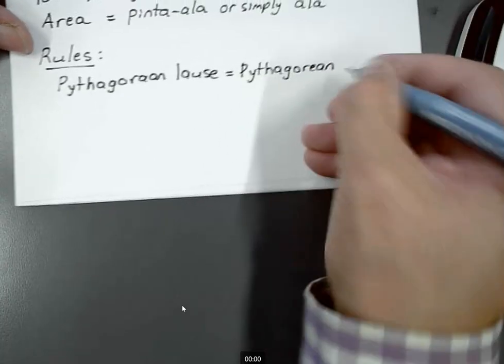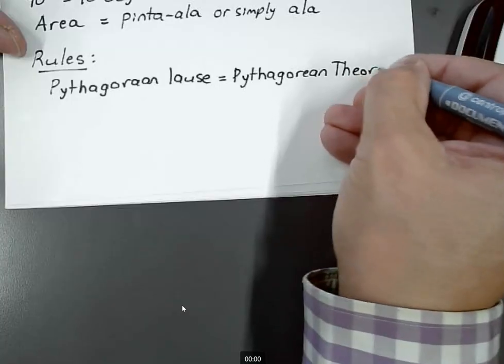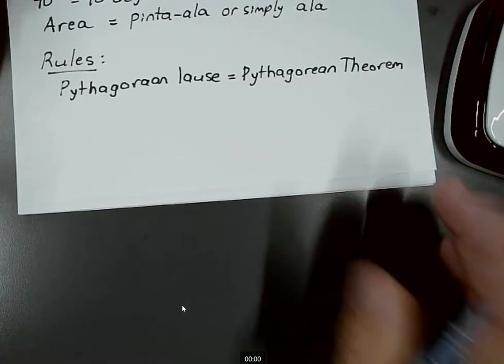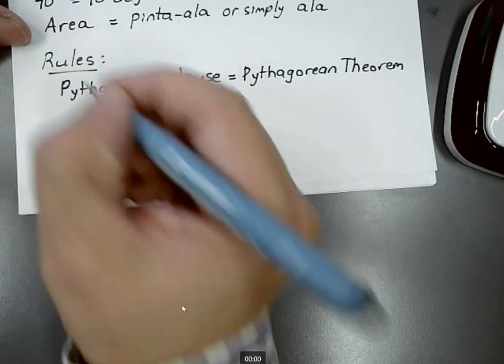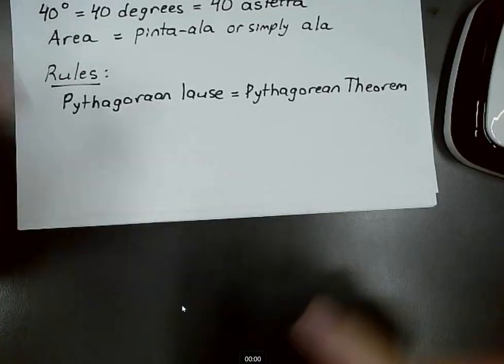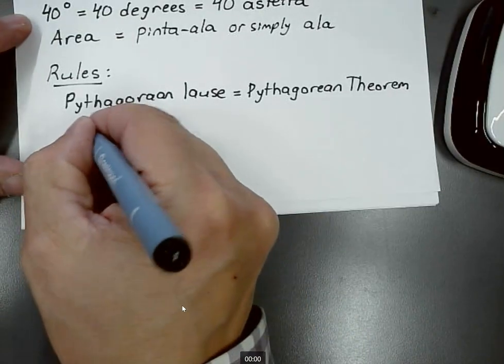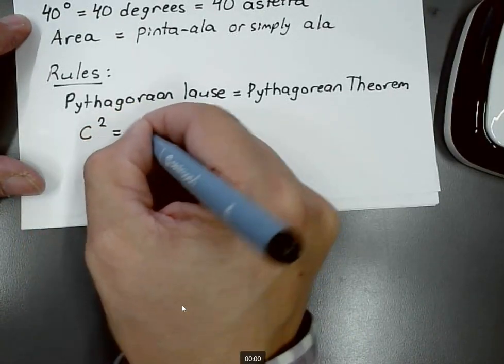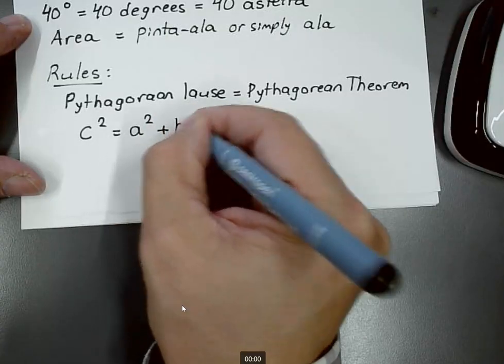Pythagorean theorem. C squared equals a squared plus b squared.